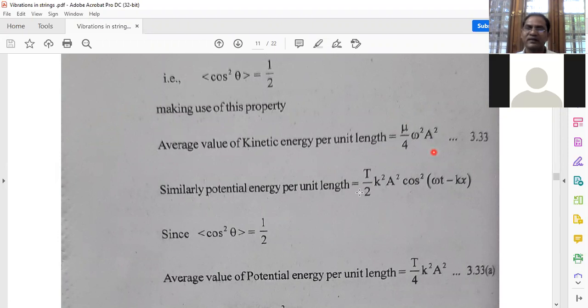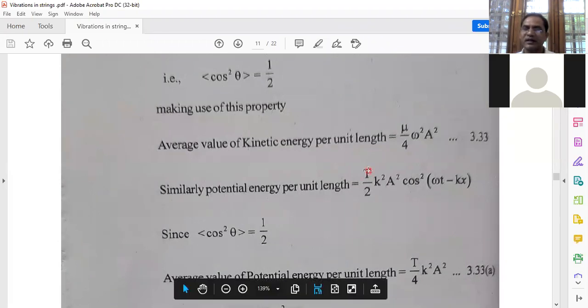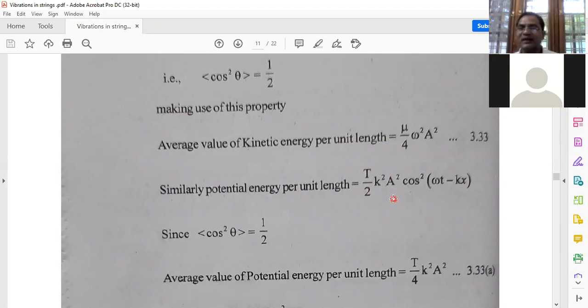Similarly, potential energy per unit length equals T/2 (∂y/∂x)². ∂y/∂x we got as −ka cos(ωt − kx), so (∂y/∂x)² becomes k²a² cos²(ωt − kx).